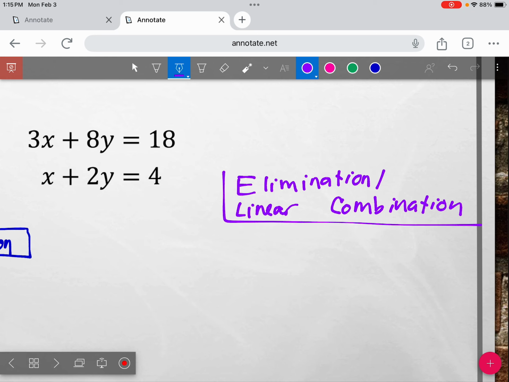You can do this one with substitution. If you're doing this with substitution, the way to pick what to aim for that gives you the least amount of fractions is you find a letter with no coefficient, with no number.